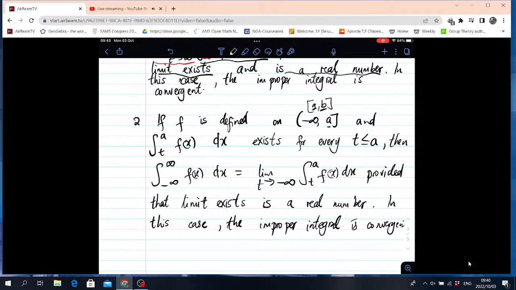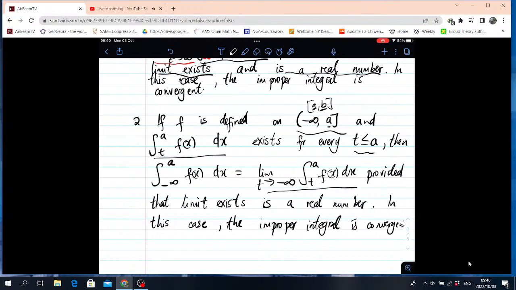If f is defined on this, and the integral exists for any t that is less than or equal to a, then the integral from minus infinity to a of f of x dx is the limit as t tends to minus infinity of this.